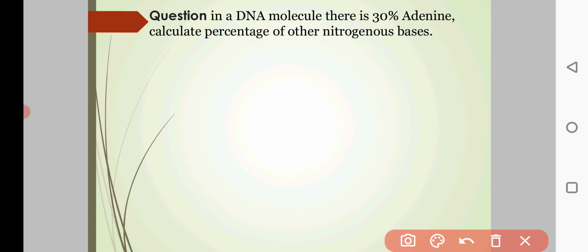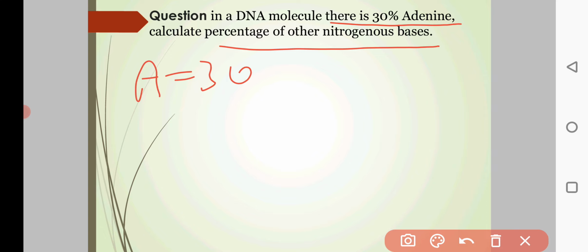So if we know the Chargaff rule, we can always calculate the percentage of other nitrogenous bases if we have the percentage of only a single nitrogenous base. So here adenine is 30%, and adenine always double bonds with T. So adenine will always be equal to T, means thymine.